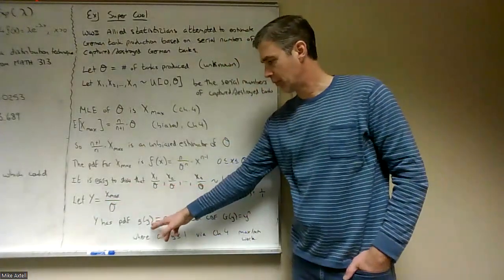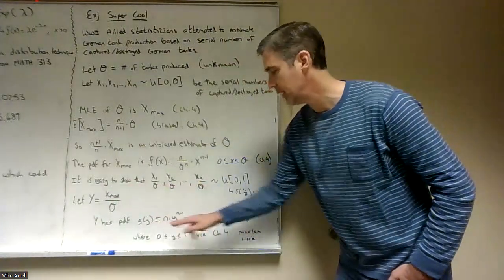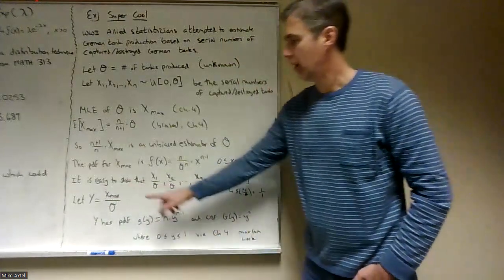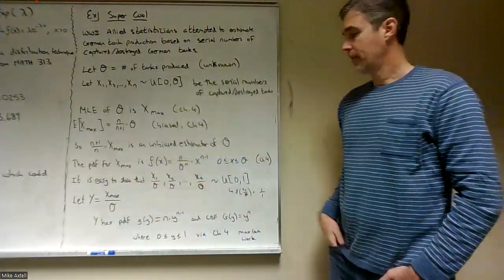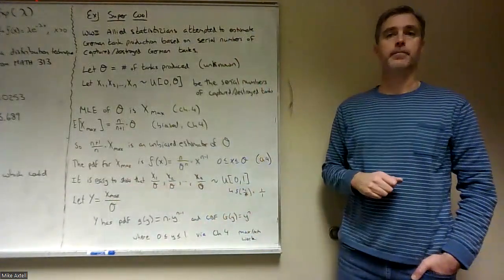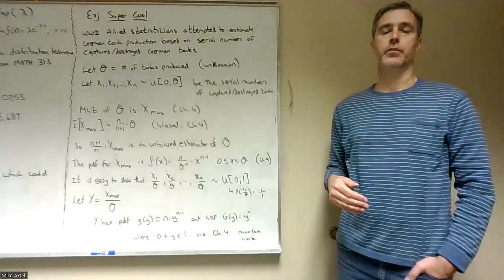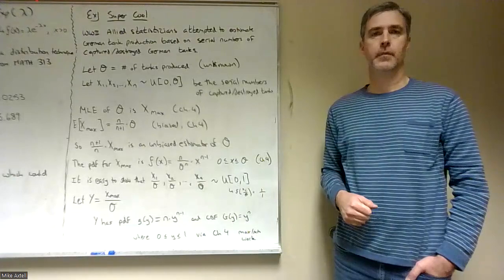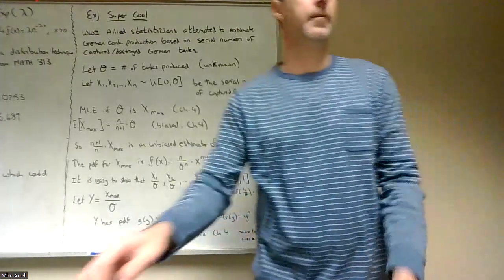Using those chapter 4 techniques, I can figure out the PDF and the CDF of y, being x max over theta. And y clearly goes from 0 to 1. So I've got a lot of setup there. We're going to use it on the next panel.